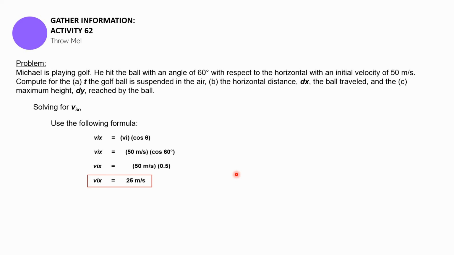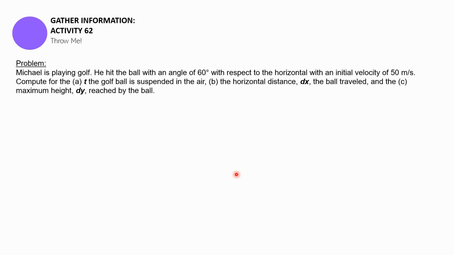Okay, so kung yung ating initial velocity is 50 meters per second, with respect to the horizontal, ang tinatravel lang talaga ng body is only 25 meters per second. Ganun na siya kabilis with respect to the horizontal. Okay, so we got VIX.